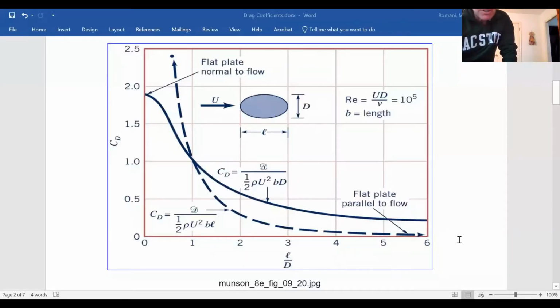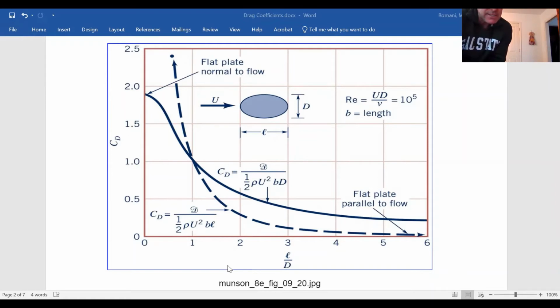Almost to 9.20. Bear with me for just a second. All right, good challenge using this figure 9.20. You'll see that there are two curves, and so the question becomes what curve to use. Here's one way of thinking about it.